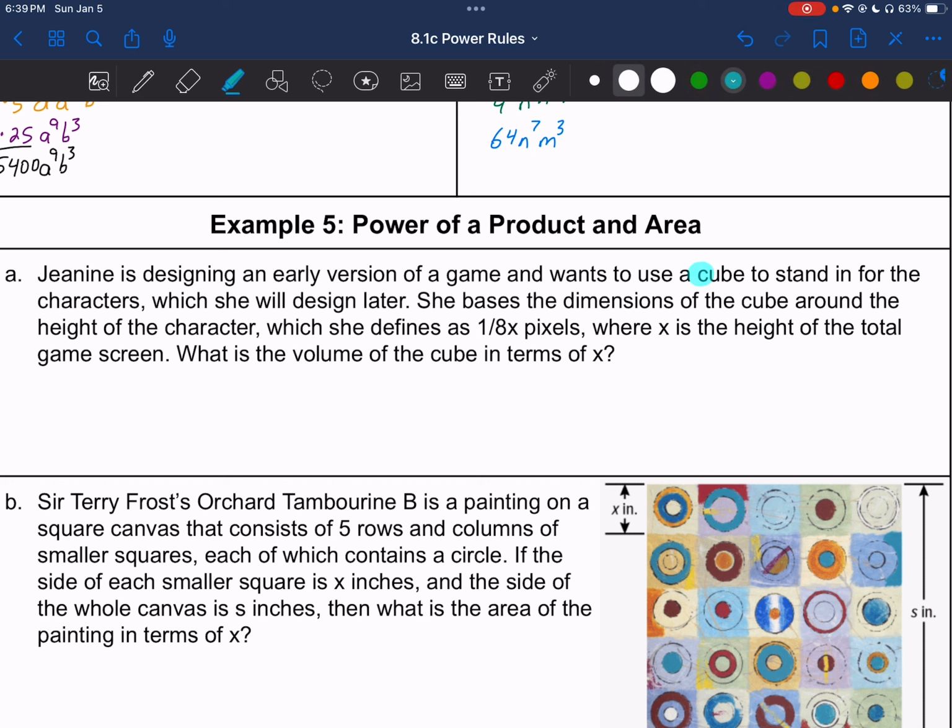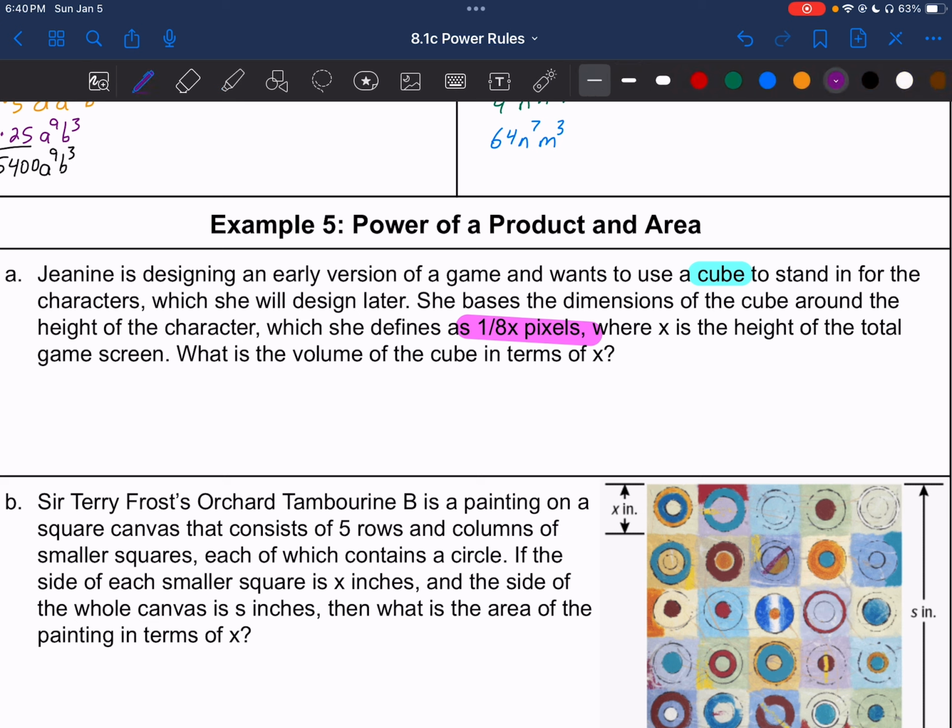Okay, so we're going to highlight the fact that it's a cube because that's kind of important, which the characters she'll design later. She bases the dimensions of the cube around the height of each character, which she defines as 1/8 x pixels, where x is the height of the total game screen. What is the volume of the cube in terms of x?